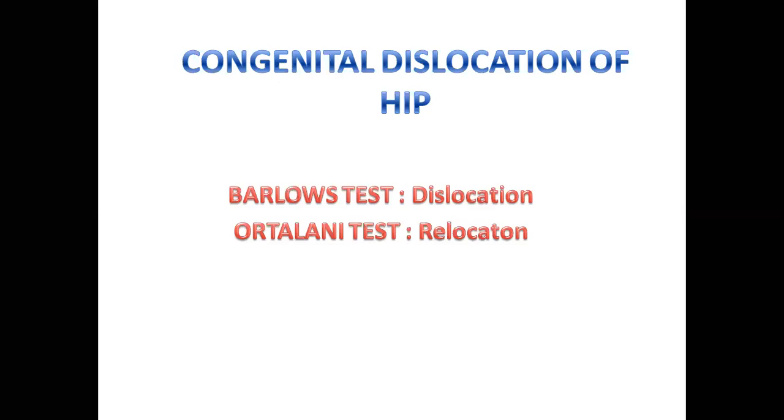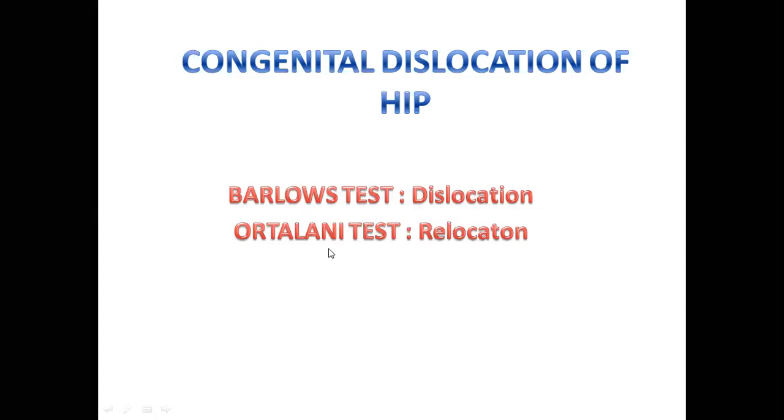The instability of the joint can be assessed by two tests. You should know what Barlow's and Ortolani's are. Always remember B comes before O. In Barlow's, we are dislocating the hip by adduction and extension.